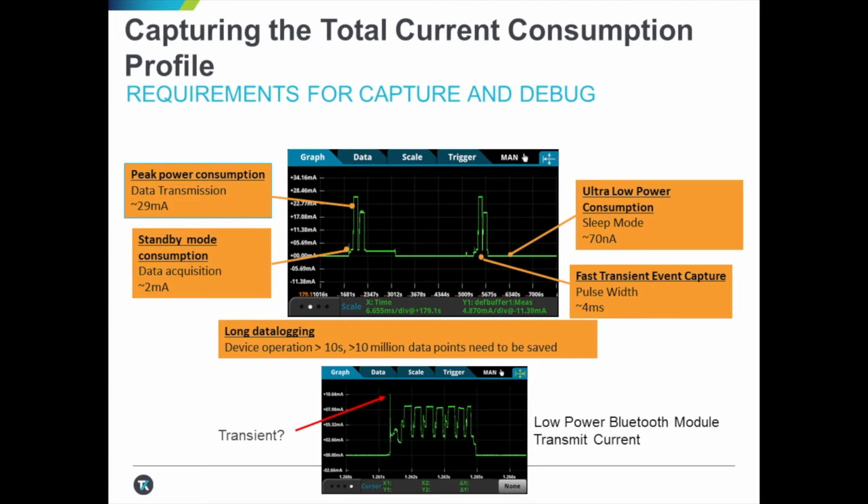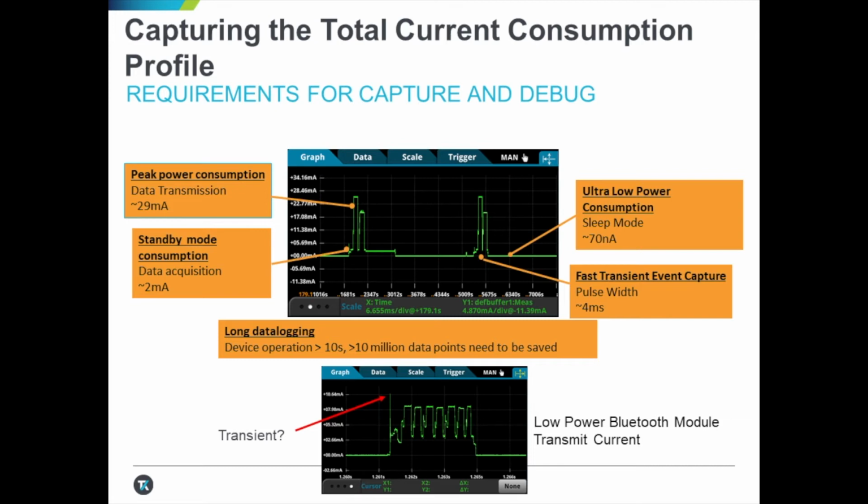Now within this waveform, you'll also note transients which are occurring within 4 microseconds. Across the span, you'll be able to better capture the load current performance in each of the operating states, and see where you'll need design changes to keep within power budget limits.